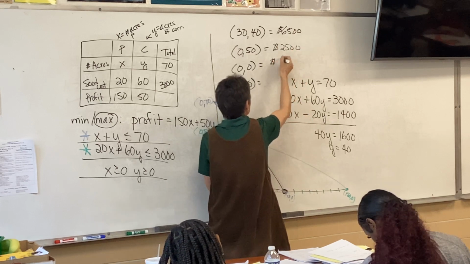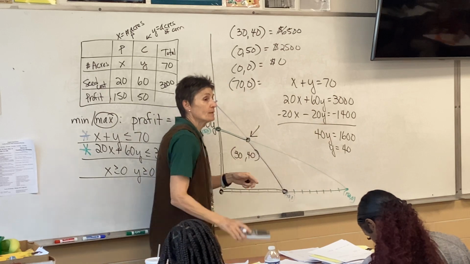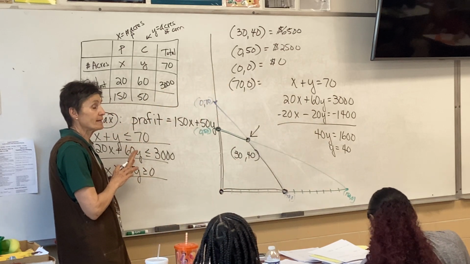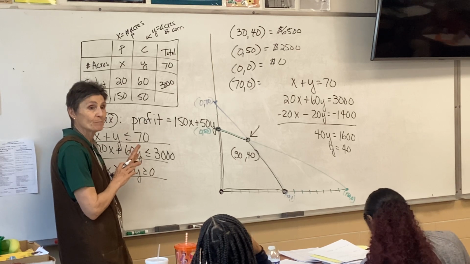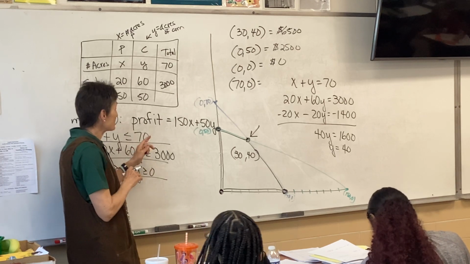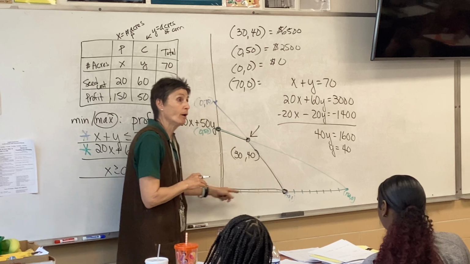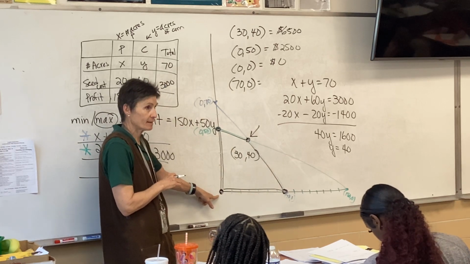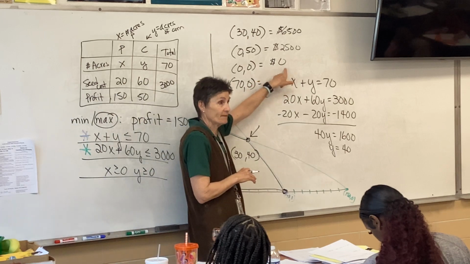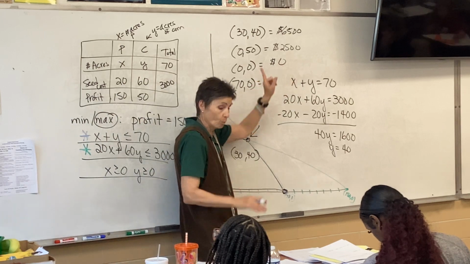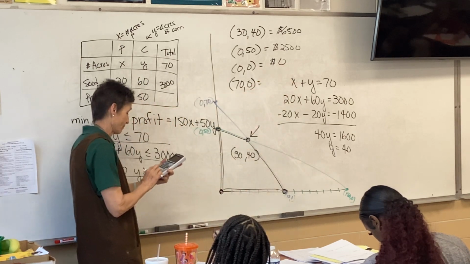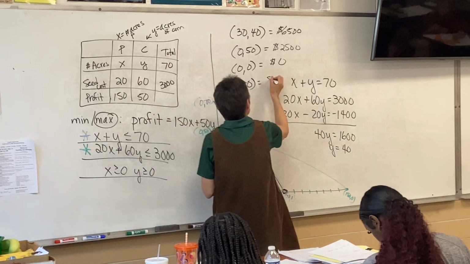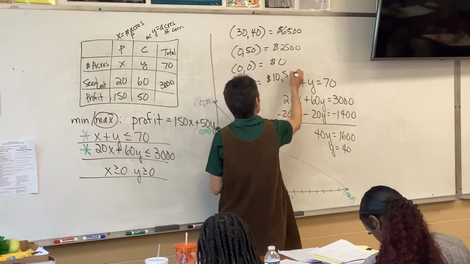Here it's 0. Okay, wait a second. When we do these problems, we're always finding a maximum or a minimum. These points will always give you both. Obviously, if you don't plant anything, you're going to get your minimum profit. This is your minimum right here. We want the maximum. This is $10,500.